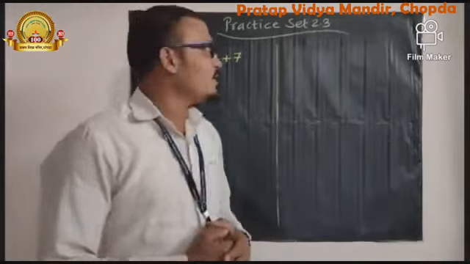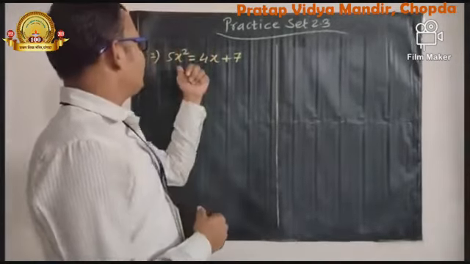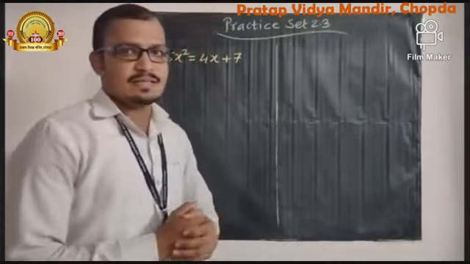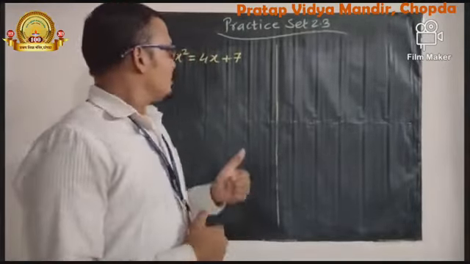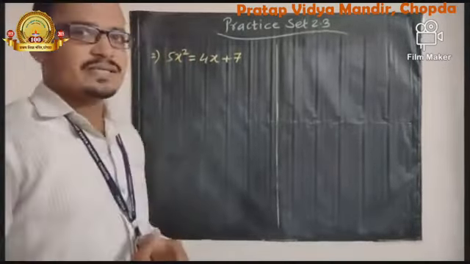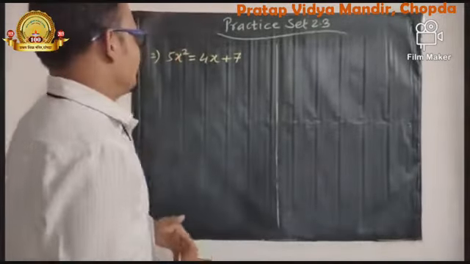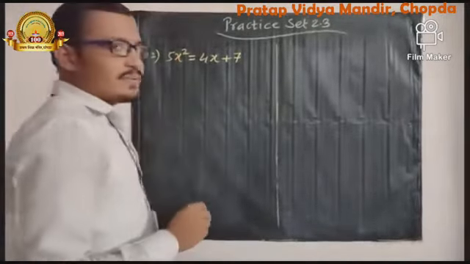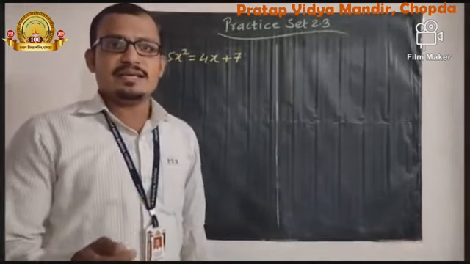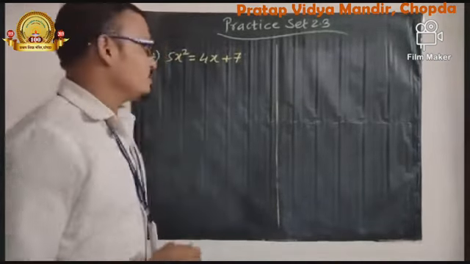Then our next example of practice set 2.3 is 5x² = 4x + 7. Friends, first we have to write this equation in its standard form, that is ax² + bx + c = 0.